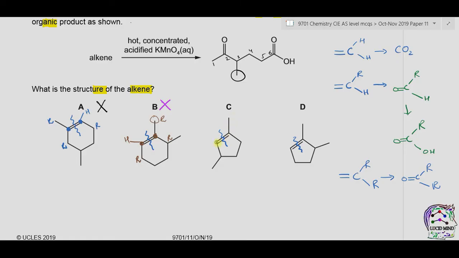Now for compound C, we can see that this carbon is attached with one hydrogen atom and one alkyl group, so it will be converted into carboxylic acid, while this one is attached to two alkyl groups, so it is converted into ketone. The product formed will be like this. The first carbon atom is converted into COOH, then we have a methyl group attached, then CH2, CH2 and ketone.